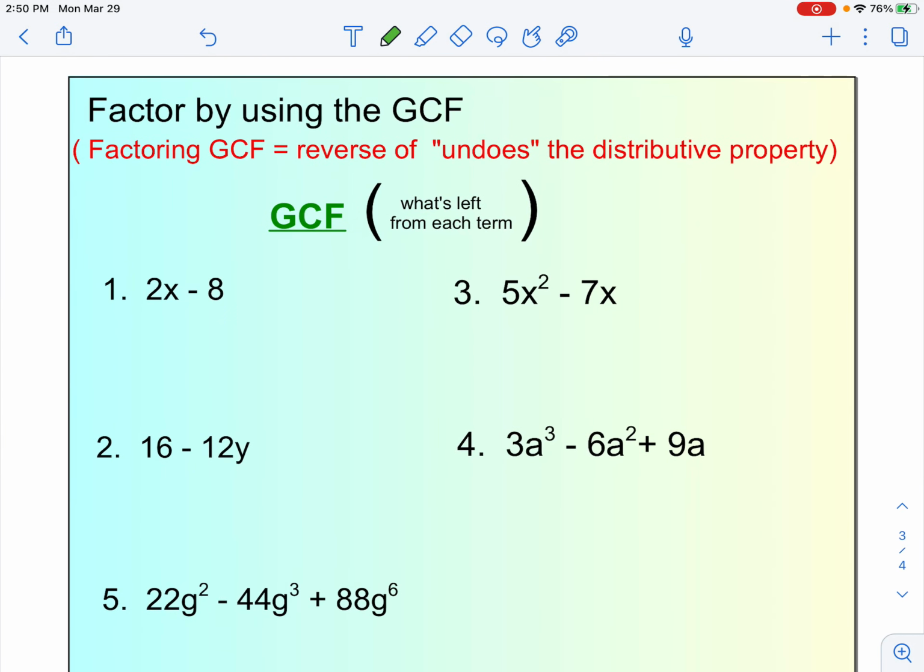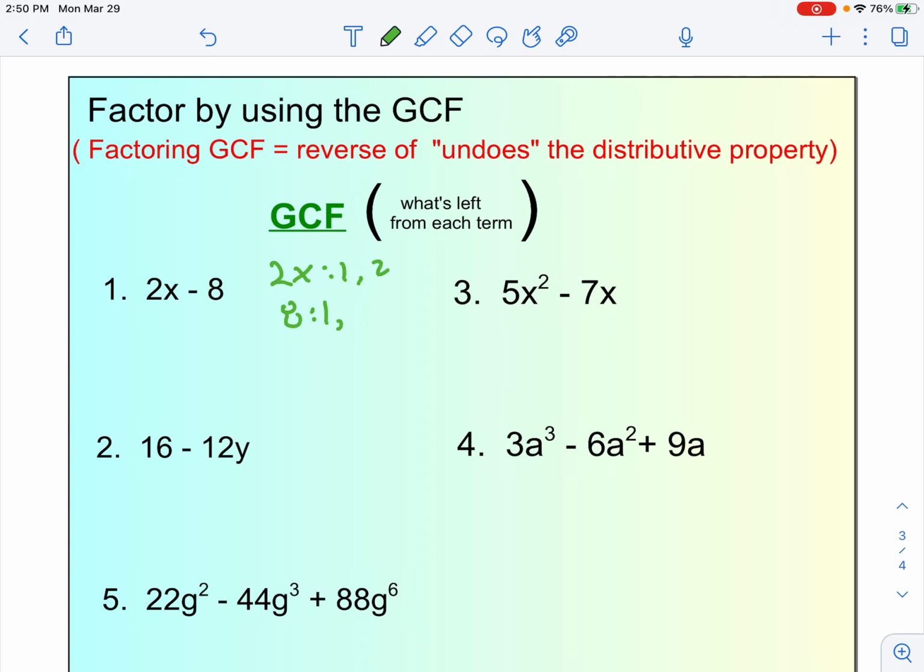So let's try some together. Again, we're factoring using the GCF. So we need to find the greatest number in common and the greatest number of variables if that is the case. So for 2x and 8, we have factors of 1 and 2.